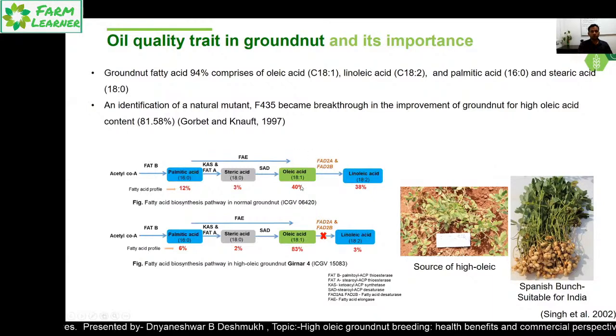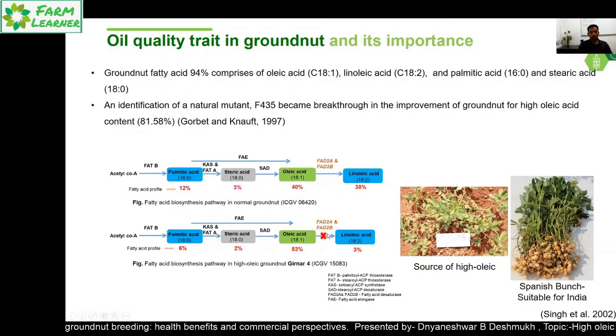Normal peanut has only 40% oleic acid. As I said, Gorbet got natural mutants, that is 435-1 and 435-2, in which there was a gene truncation in fatty acid desaturase A and fatty acid desaturase B, due to which there was a failure in conversion.